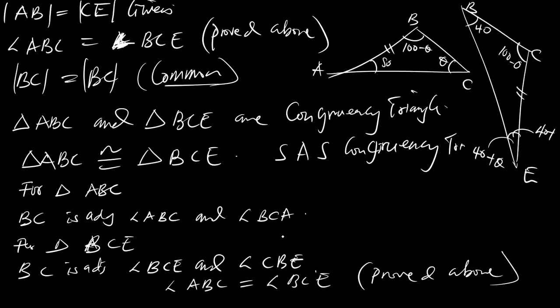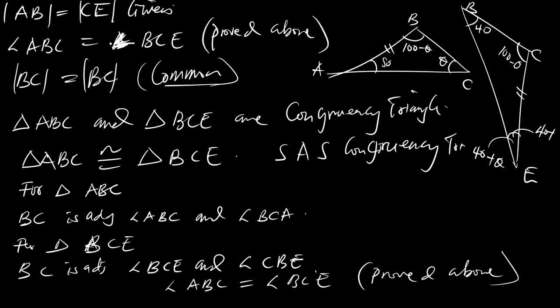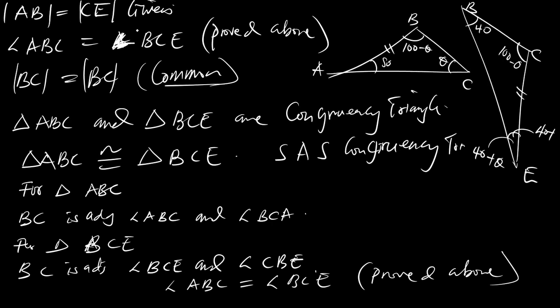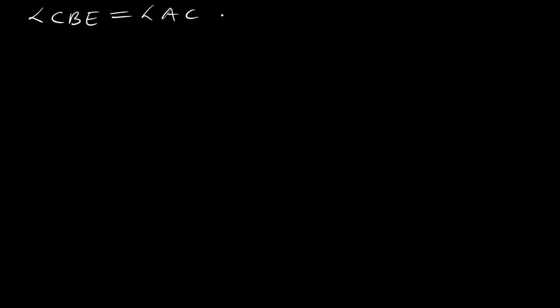Now, since they are congruent, that means angle CBE will be equal to angle ACB. So this is CPCT, that is corresponding parts of congruent triangles.